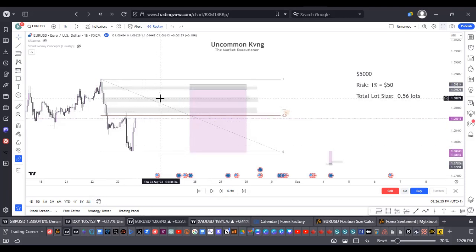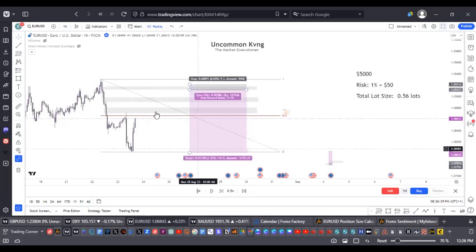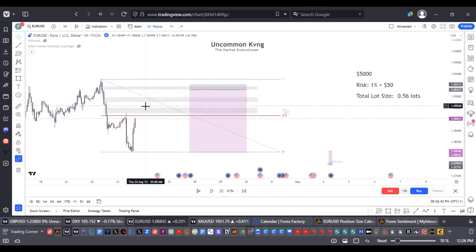Price may also get here and reverse, thereby making these two invalid, or making this one invalid, reversing here and not getting here, or making these two invalid and getting here. Sometimes it may mitigate here and then drop. This actually poses a lot of confusion when it comes to risk management for traders, because they don't know what to do at this point in time, right?